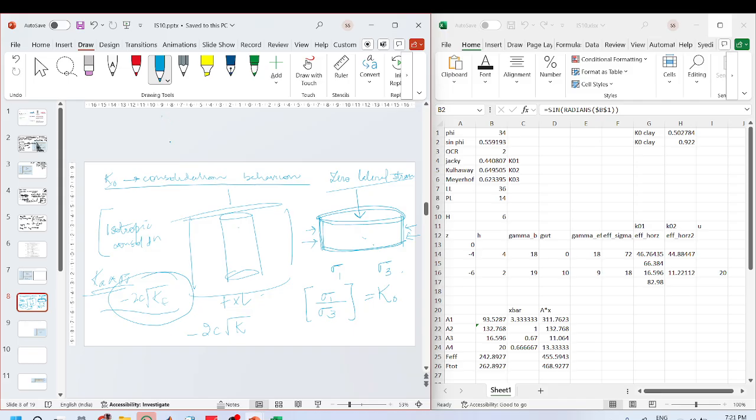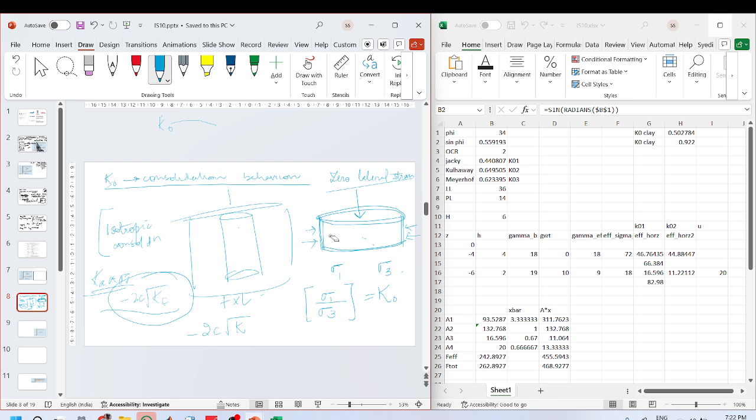Yes, ma'am. So K naught, as I mentioned, is more relevant in consolidation, even though it is not mentioned in consolidation also in Indian textbooks, as you said.